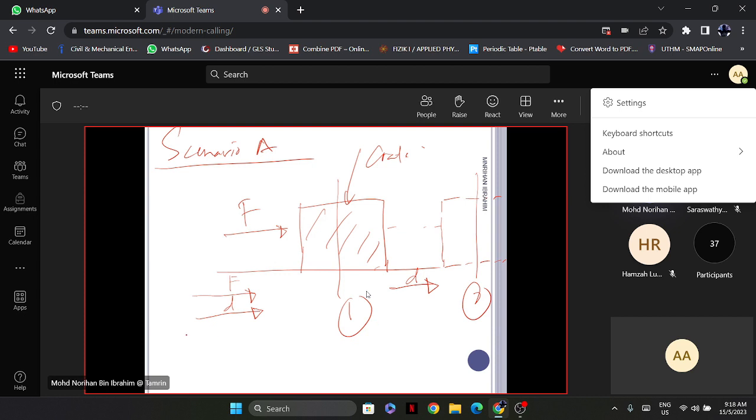Then you can use the equation U is equal to F times D times cos theta. Is there any angle between the force vector and the displacement vector? No angle, so in this case theta is equal to 0 degrees.